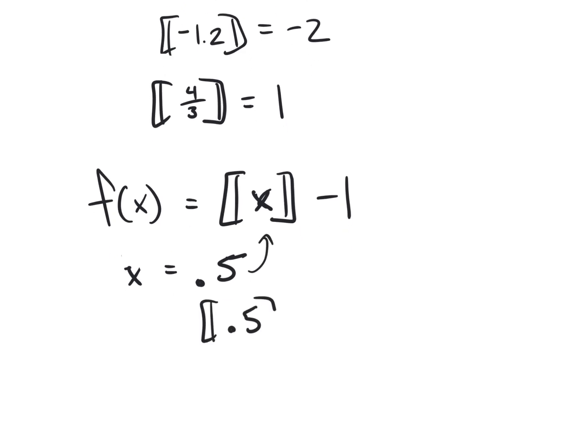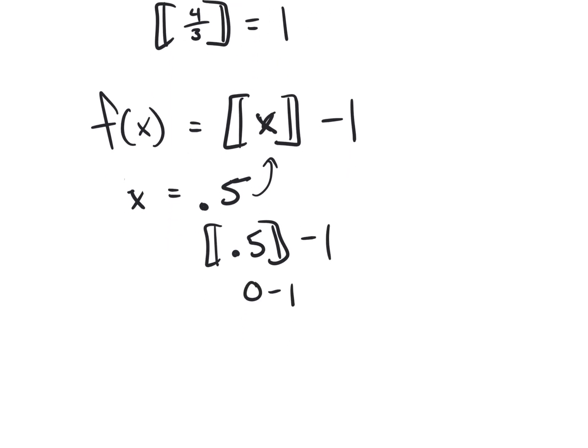So what's our greatest integer of 0.5? 0. And 0 minus 1? Negative 1. So f of 0.5 here would be negative 1. So if you have more math going on, just like your order of operations, PEMDAS, do what's inside the brackets first. So it kind of acts as parentheses. And then just follow PEMDAS from there.